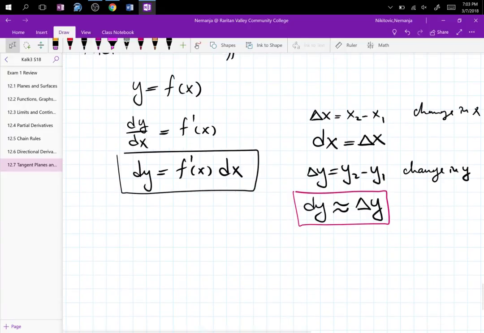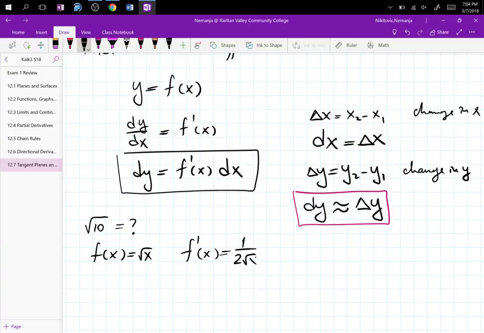So now, can I compute the square root of 10 using differentials? And the answer is yes, because I know that f of x is root x. I see the shape of what I'm looking for. Is it ln 10? Is it square root of 10? What am I looking for? Square root of 10, right? So I have the function just by looking at the form of what they want. Now, once I have that, I need the derivative, and we know that the derivative is 1 over 2 root x.